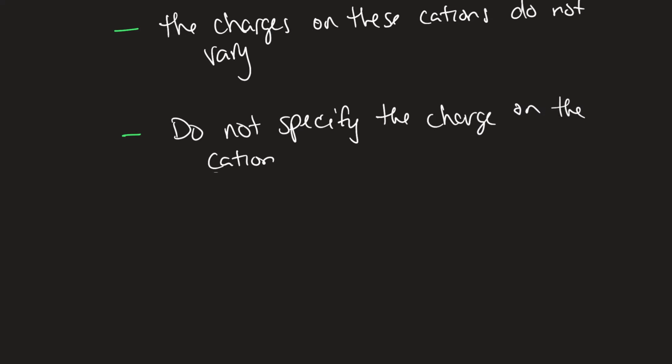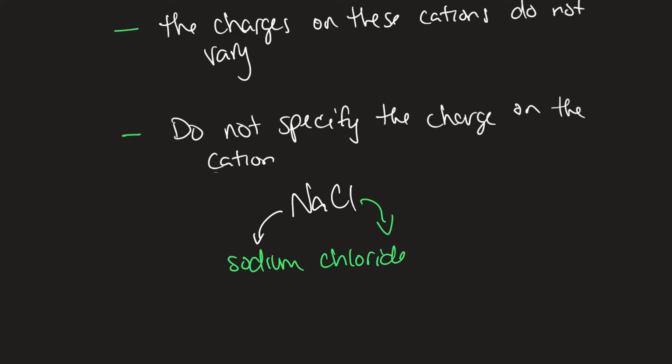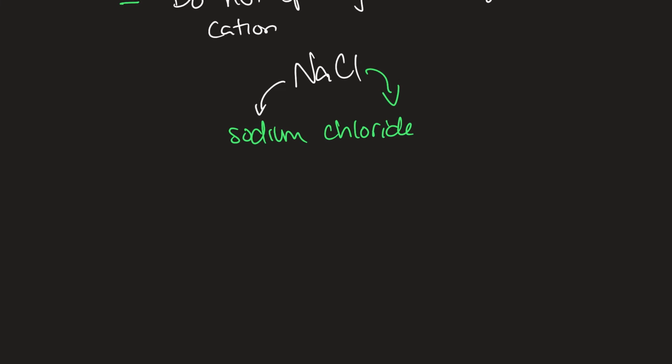For example, if you're looking at NaCl, we just name the ions as they are. Your metal always comes first, so you write sodium, and then we name the anion, which in this case is chloride.